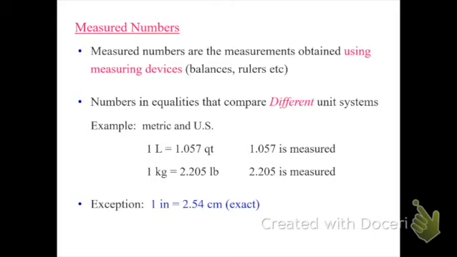This is the only one exception. 1 inch equals 2.54 centimeters. This is exact. It's the only one that is an exception, and we're going to see how important that is when we start talking about significant figures. Any questions about the difference between exact and measured numbers? No? Okay, very good. So let's keep going.